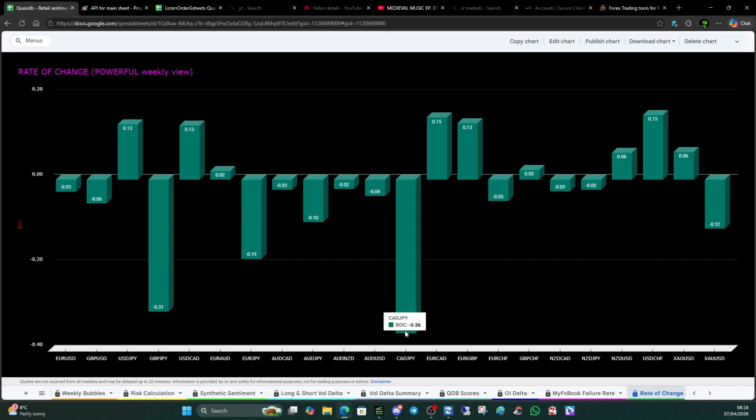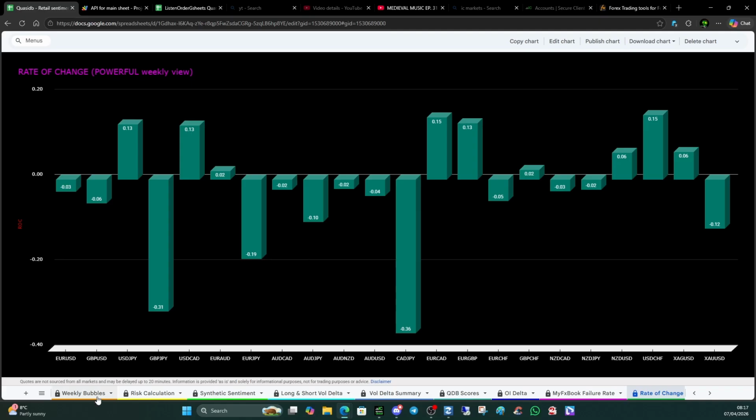So CAD yen could probably do okay today, performance wise. So you could look for CAD yen longs. There isn't really anything outstanding for sells. Perhaps euro CAD, perhaps euro pound, perhaps dollar Swiss, but they haven't really stuck out very far. However, CAD yen and pound yen have. So that's an easier way to explain things.